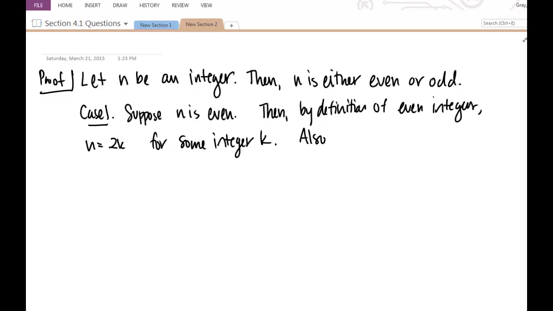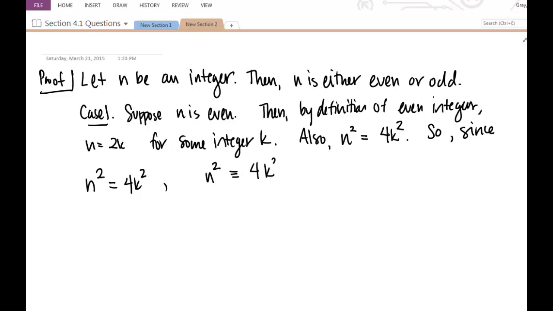Also, n squared is equal to 4k squared. So, since n squared is equal to 4k squared, n squared is congruent to 4k squared mod 4.